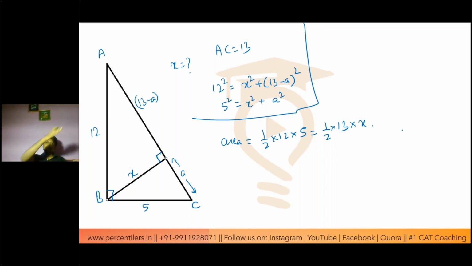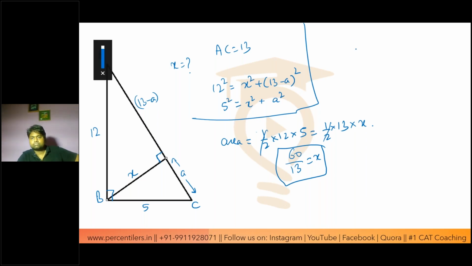So if the hypotenuse 13 becomes the base, then the height is x. Okay, so 60 by 13 straightforward becomes the answer. Fine.